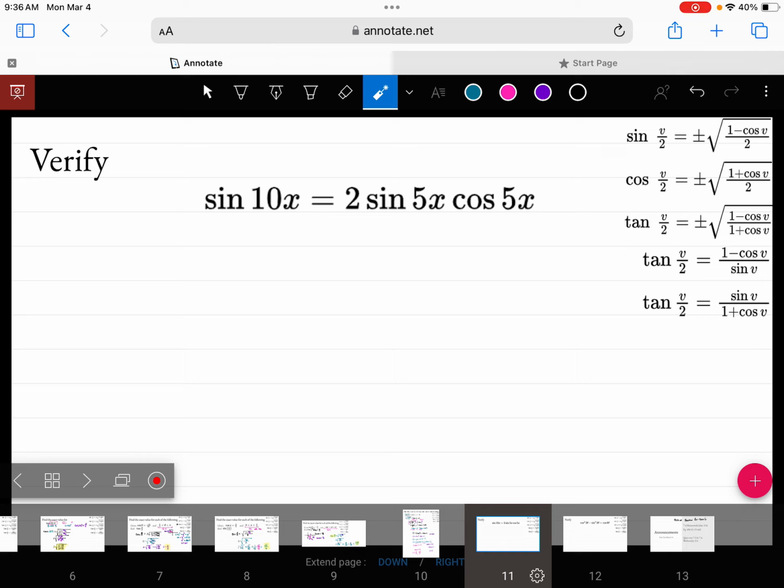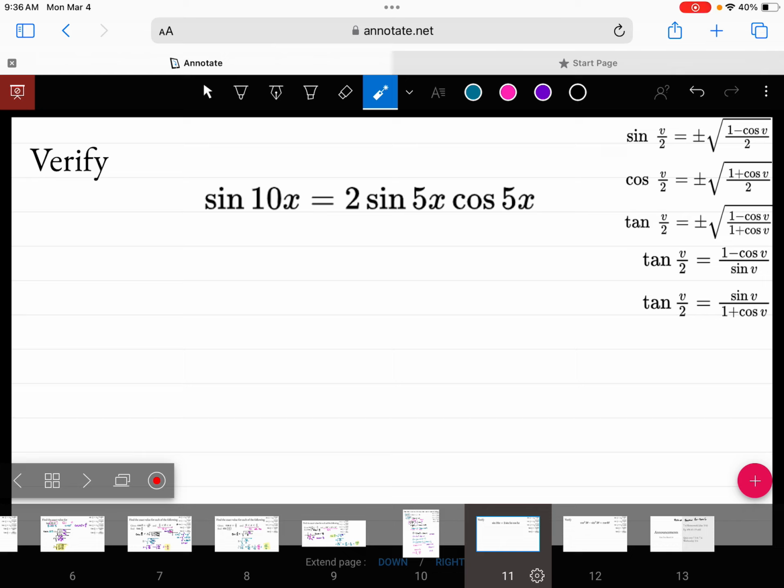Okay. Because what we're asked to do is verify that sine of 10x is 2 times sine of 5x cosine of 5x. And I know when we're verifying, we pick one side and we simplify it as far as we can. Our instinct is going to tell us to do that right-hand side because there's more stuff going on.